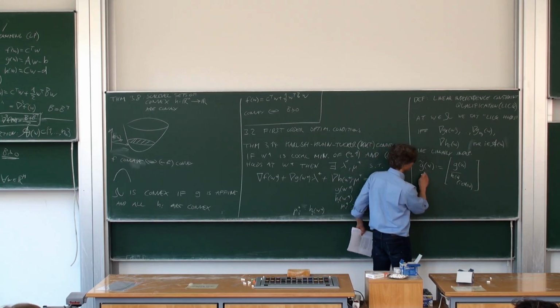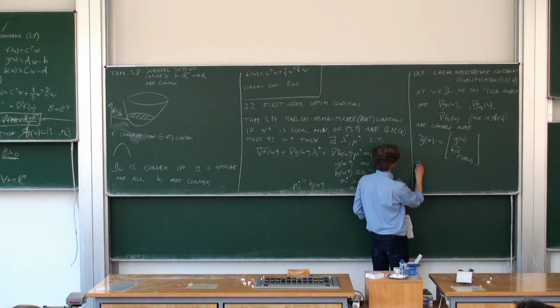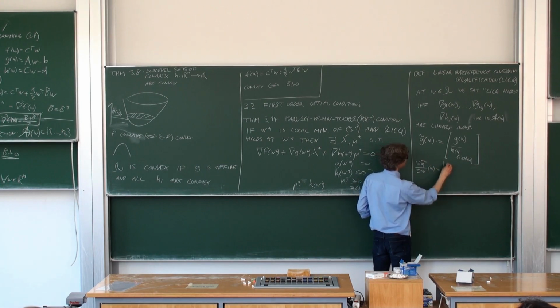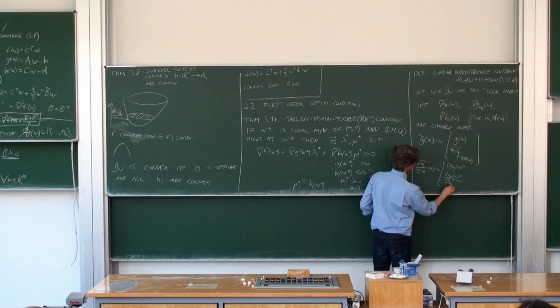So at some point, I could now compute the derivative of this function g tilde with respect to w at this point w, and I will get all the gradients transposed here, the gradients of g, and then all the gradients from the hi.